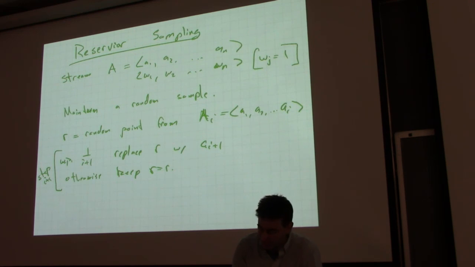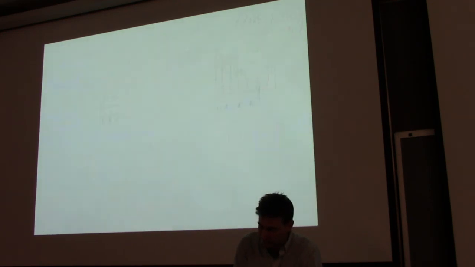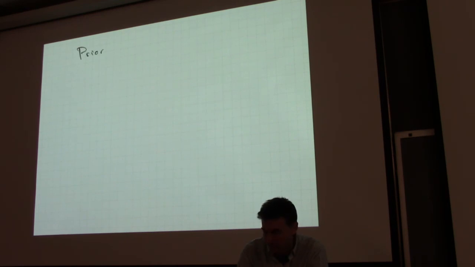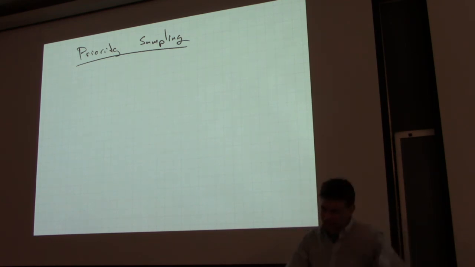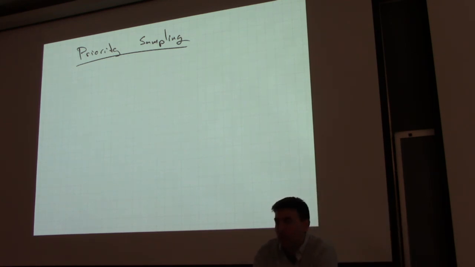There's a really cool trick to do this called priority sampling. So again I'm going to have the stream A1, A2, and these have weights.